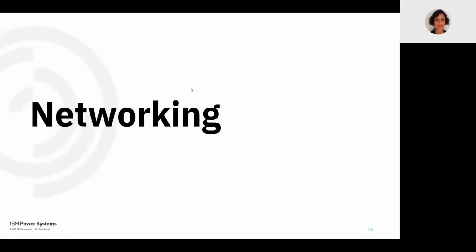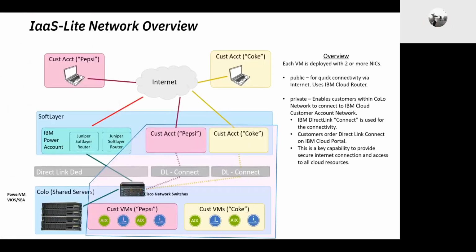Okay, let's start with networking and then we'll get to storage. So I mentioned earlier that we have this concept of public and private networking. One thing to understand is our Power servers are not actually in what used to be called SoftLayer. We would call all our data centers for IBM Cloud SoftLayer.